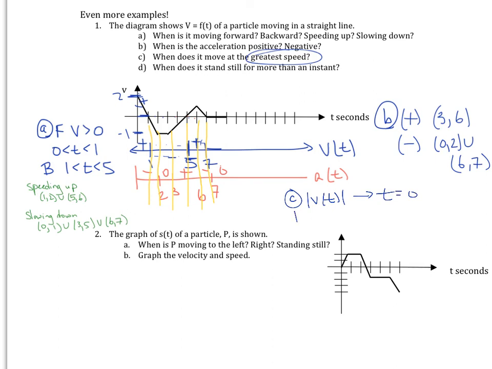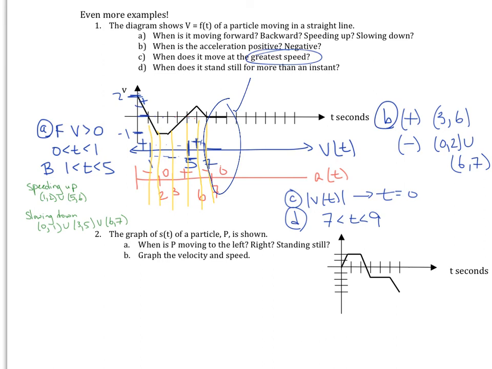And when does it stand still for more than an instant? Standing still for more than an instant means the velocity is not moving and there's no acceleration. So the only spot where we've got the velocity not moving and no acceleration is right here, between 7 and 9. We don't know what goes on past that because the graph ends right there.